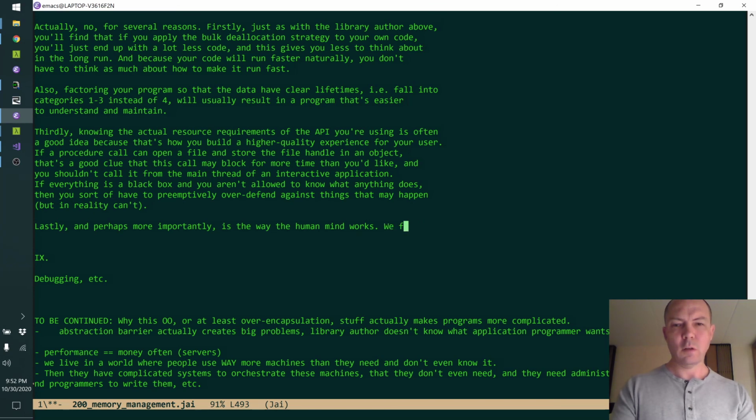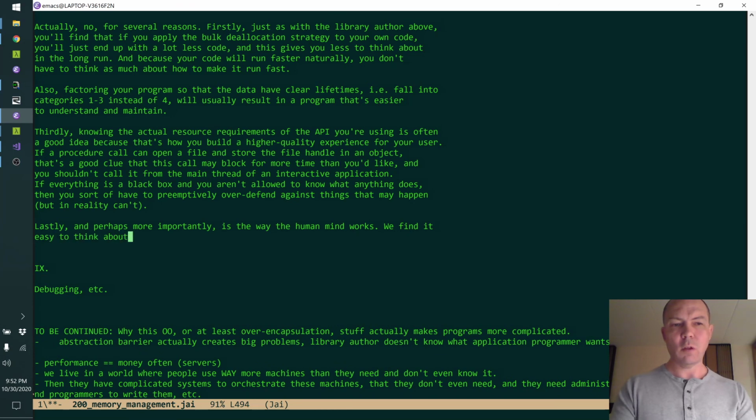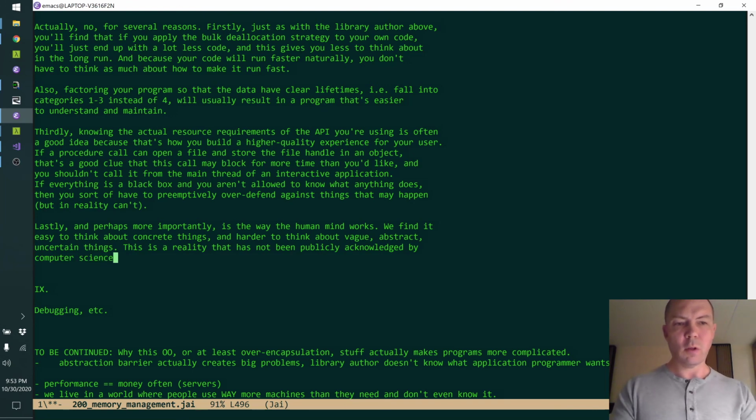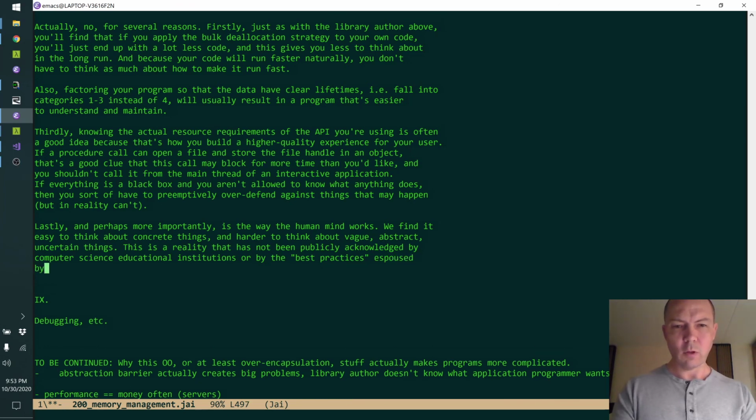We find it easy to think about concrete things and harder to think about vague, abstract, uncertain things. This is a reality that has not been publicly acknowledged by computer science educational institutions or by the best practices espoused by industry.